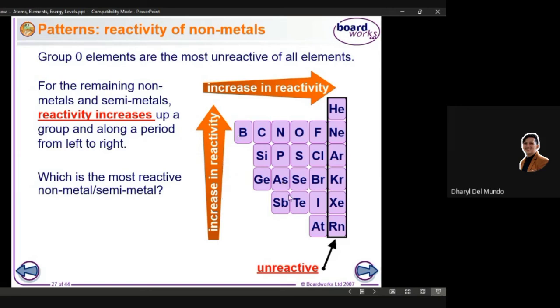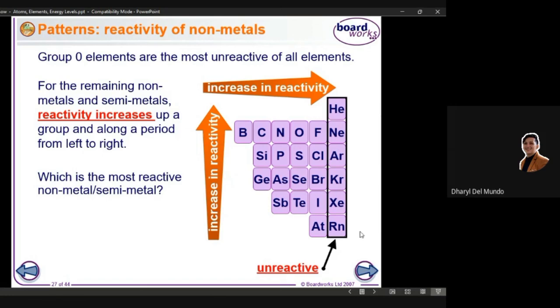So when you look at this part, the reactivity increases. So the most reactive semi-metal, or metalloid, is boron. And in the non-metals class, reactivity increases from left to right. So fluorine down to this element increases in reactivity as well.